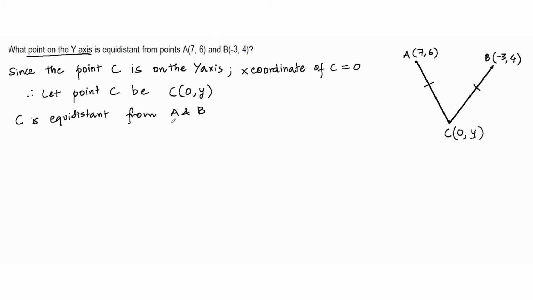Because C is equidistant from A and B, I can say that the length AC is equal to the length AB, right?